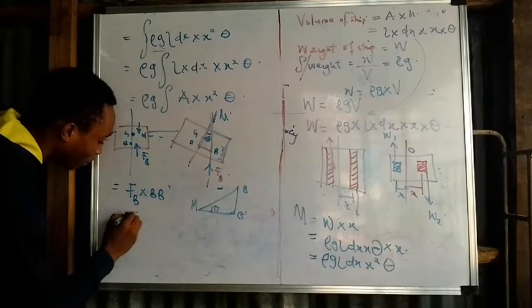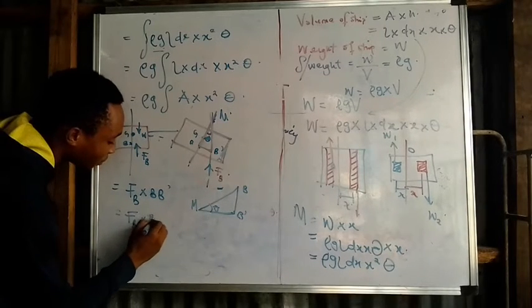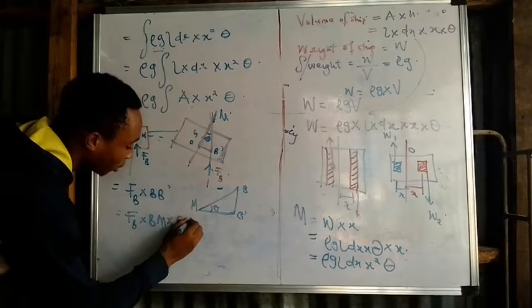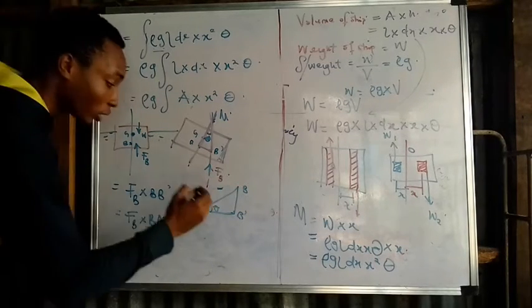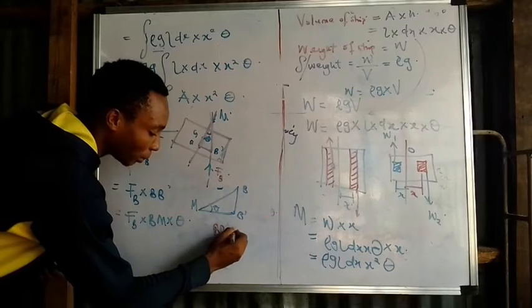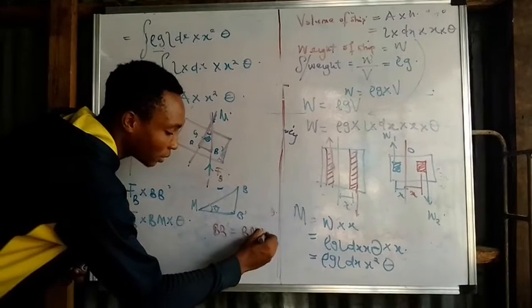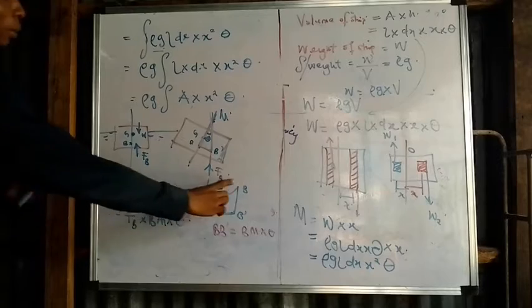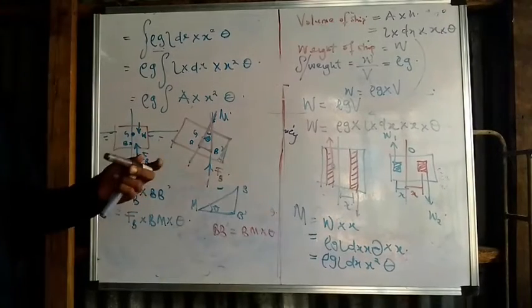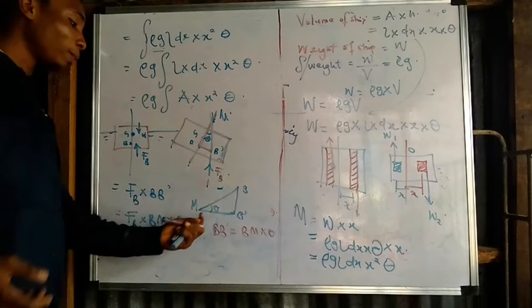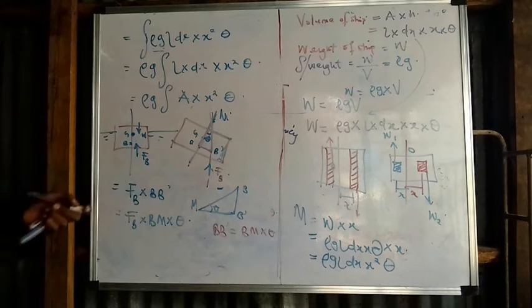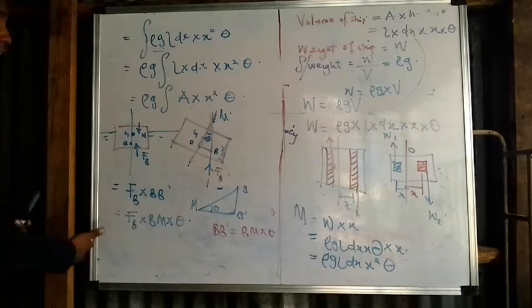We have FB times BM times theta, so that BB prime is equal to BM times theta. Taking the vertical component of BM, it is also equal to BB prime. So this is what we are having.